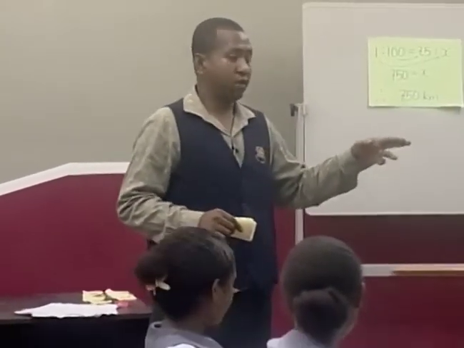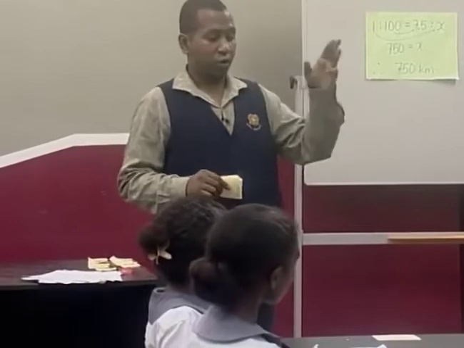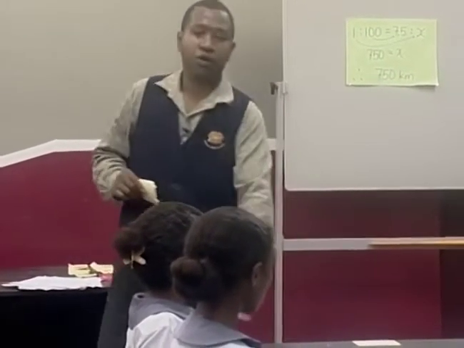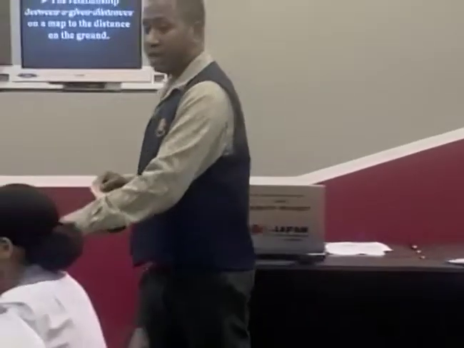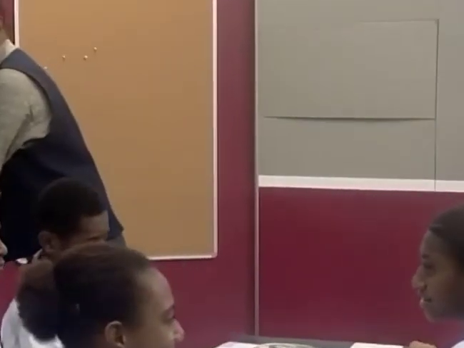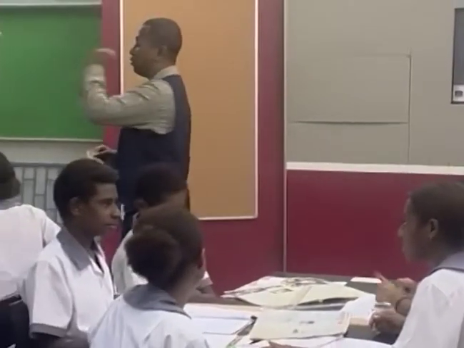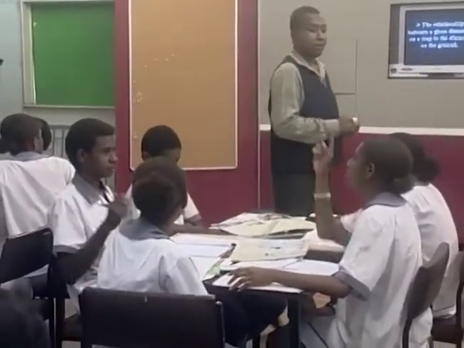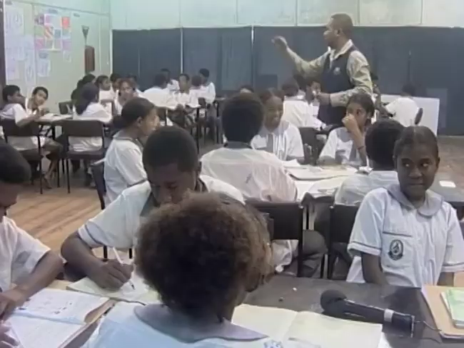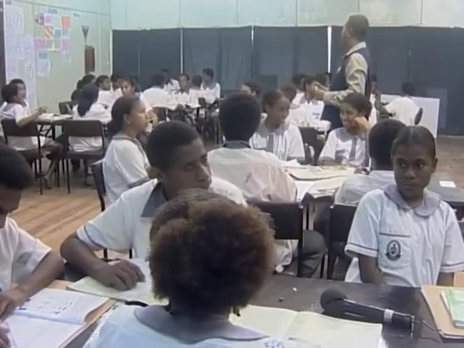Group A is known as working group number 1. Group B table is known as working group number 2. Group C table is known as working group number 3. And group D, working group number 4. And group E, working group number 5. That goes the same with the other row on the other side.